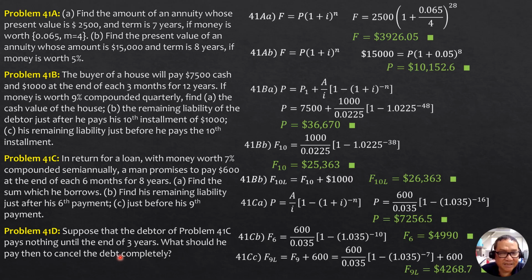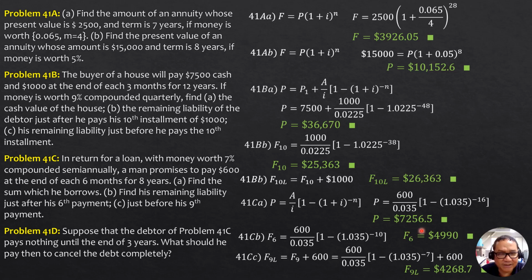So since the debtor plans to pay at the end of 3 years, then that should be the future value of the present worth, the money he borrowed initially, and it is equal to present worth times quantity 1 plus I to the n. So since I is 0.035, and the present worth is 7,256.5.